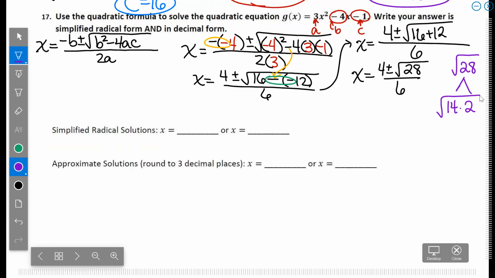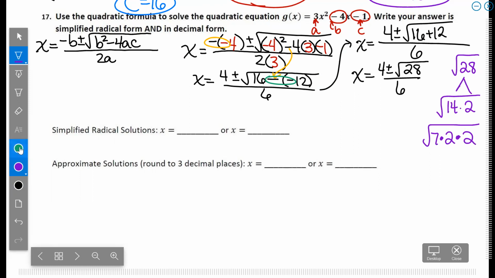No. Can I break either one of those numbers down more? 14 can become a 7? 14 and 7 aren't the same. How do I make a 14? 7 times 2. So 7 times 2 times 2. If I do 7 times 2 times 2, is that 28? Yes. Because 7 times 2 is 14 times another 2 is 28.